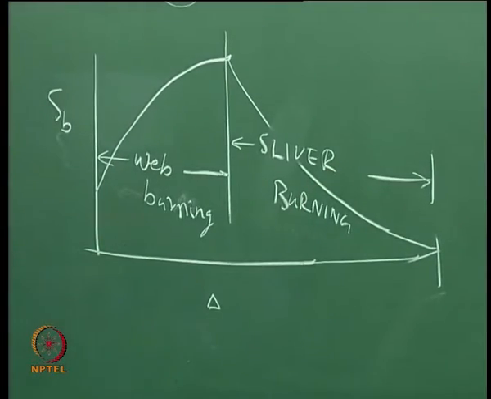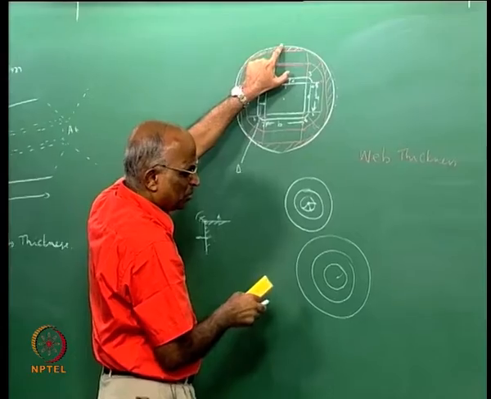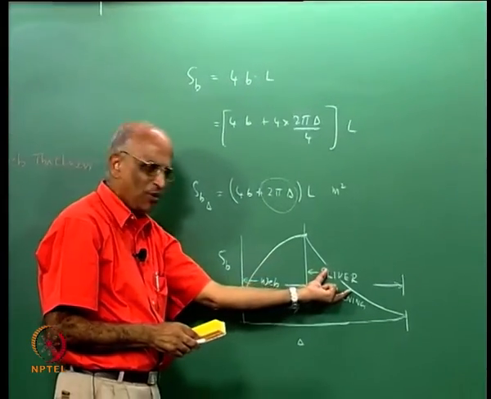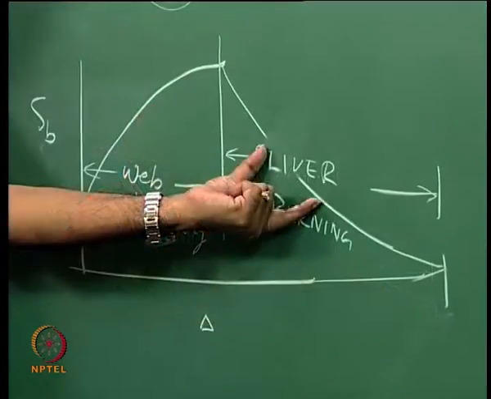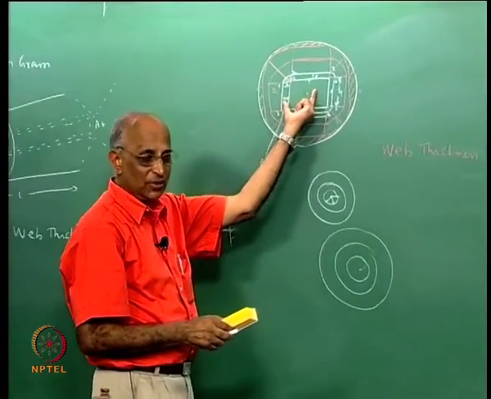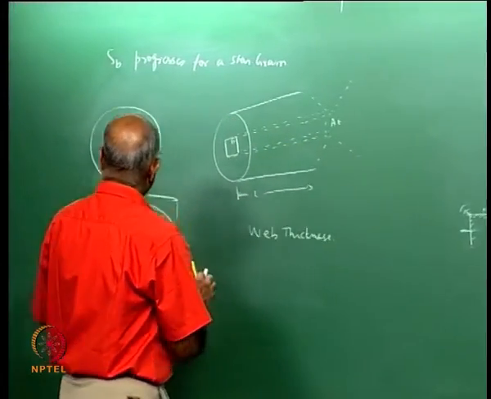Therefore in such rectangular holed grains you find that sliver occupies quite some space, and therefore the sliver, you do not want such low thrust, low burning surface area, and that is the reason why these rectangular ones are not used in practice.